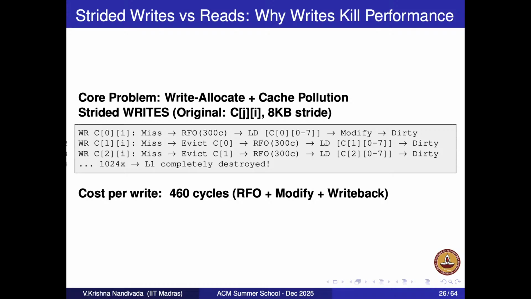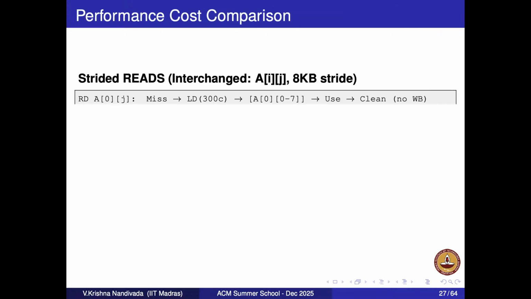If the reads were misaligned, how much cost will we pay? In the interchanged code, my writes are aligned, my reads are misaligned. What's the cost I will pay? It's a cache miss. I will do a load. No write back required, no modify and write back.